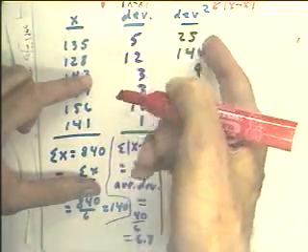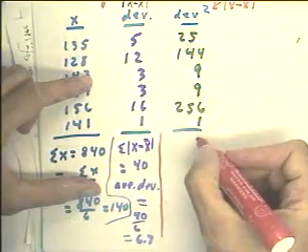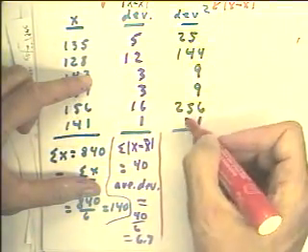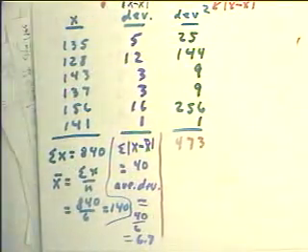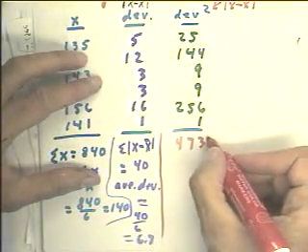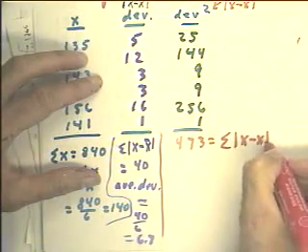Now again, these aren't lined up. 5, 9, that's 36, 43. And 6, 12, 17. I think that the squared deviations add up to 473. And again, that's the sum of the squared deviations.